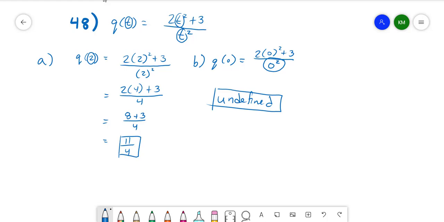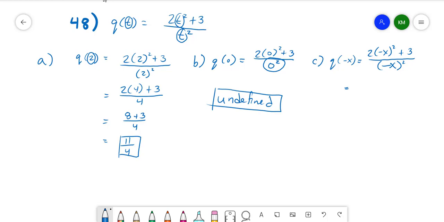Okay, now part C says let's find q of negative x. So this time I'm going to change each t to negative x. So I have 2 times negative x squared plus 3 all over negative x squared. Now we do the exponents first again.